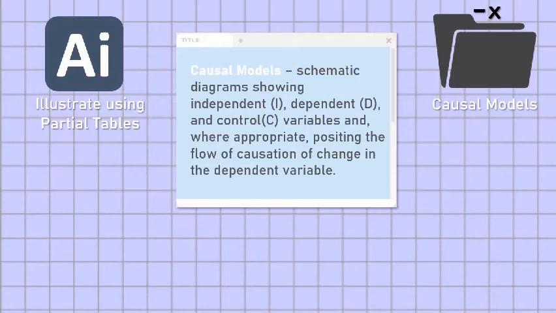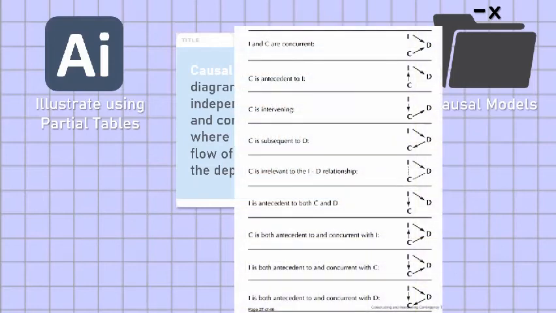Some examples of these models are as follows. I and C are concurrent, meaning they could occur at the same time or simultaneously. C is antecedent to I. C is intervening. C is subsequent to D. C is irrelevant to I. C is irrelevant to the ID relationship.